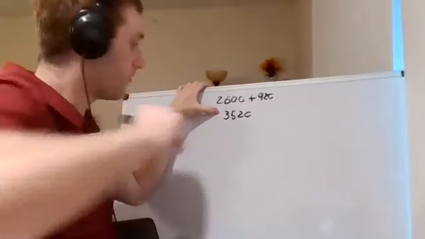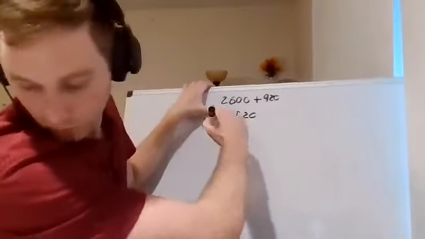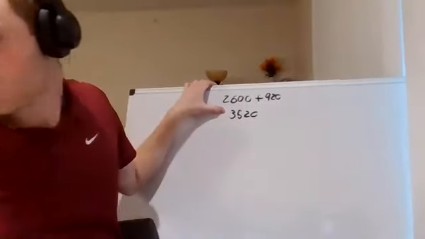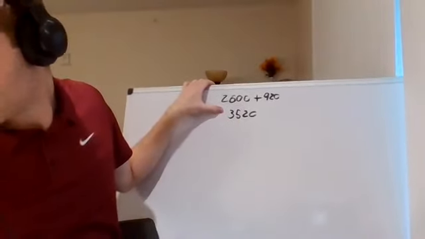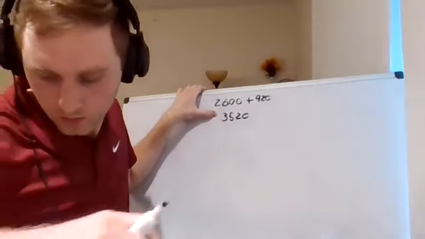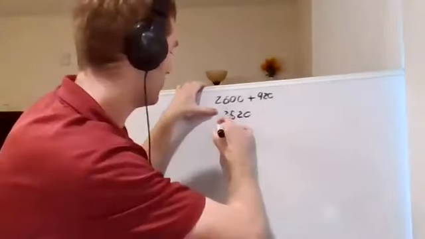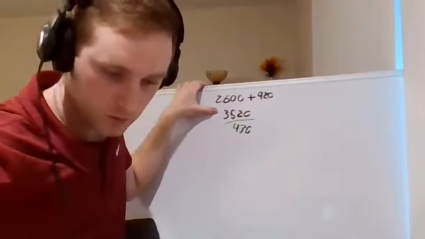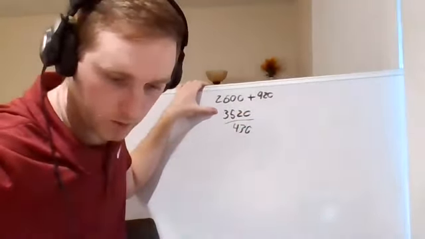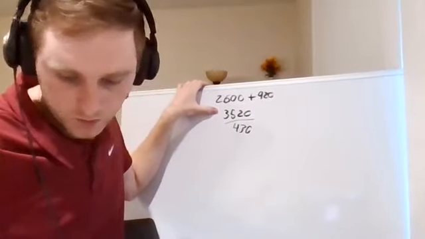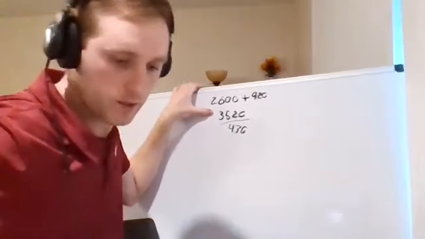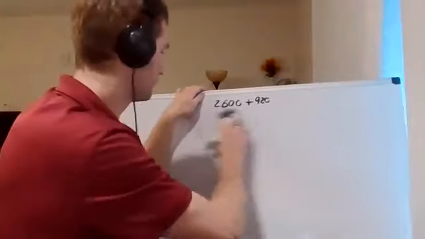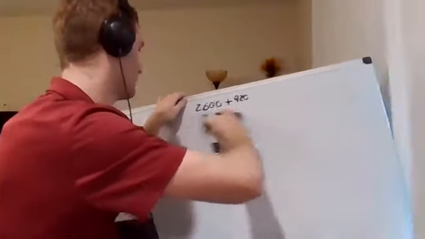So for inventory, we got 430. Let's see here. So it should be this divided by 430. Let's see what that comes out to. Divided by 430, which equals, no, that's not it. It's the other way.